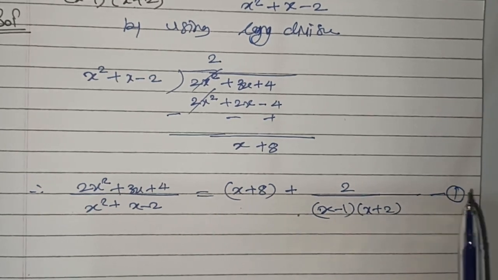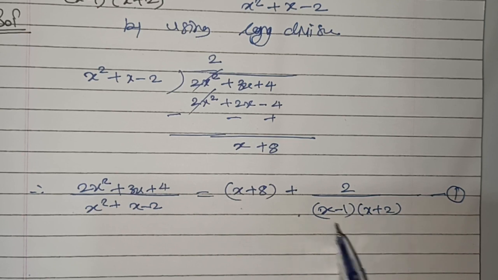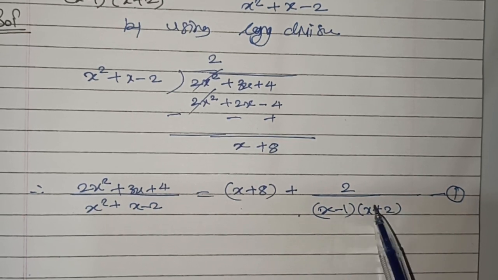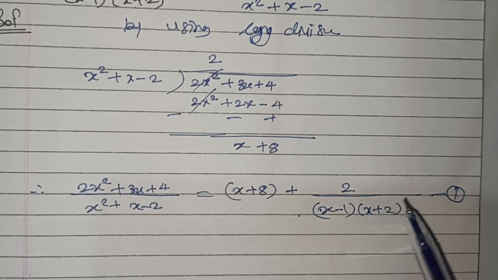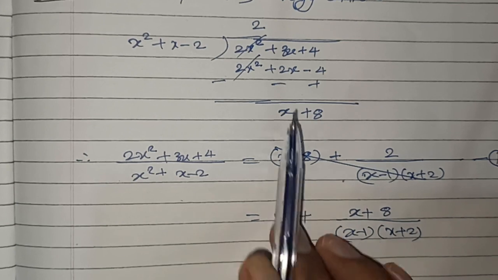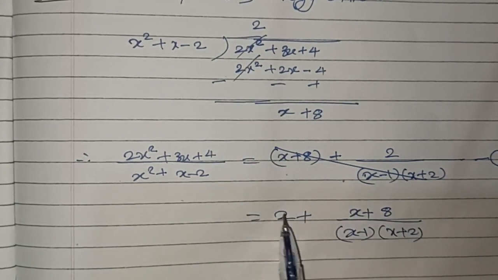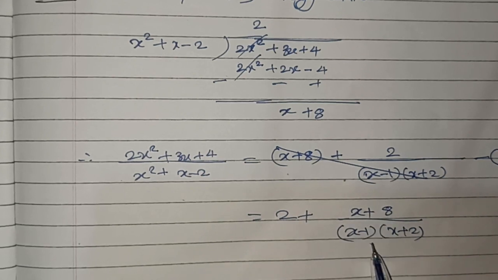Now we are going to decompose this proper rational function into partial fraction. So let us start with this one. Okay, sorry, make this correction. Here remainder is x plus 8, so we have to write it as quotient plus remainder upon divisor.